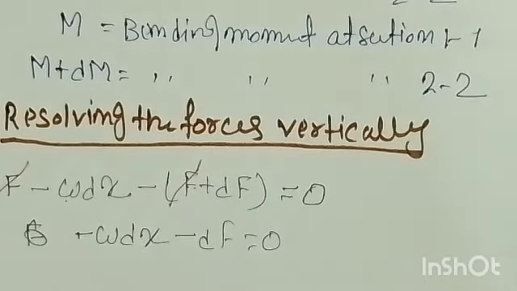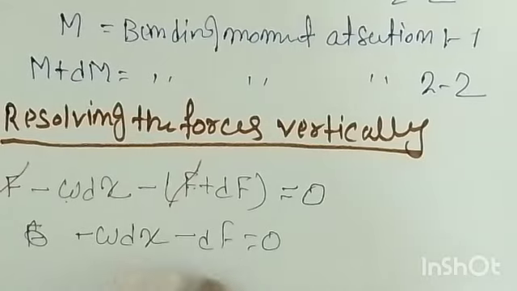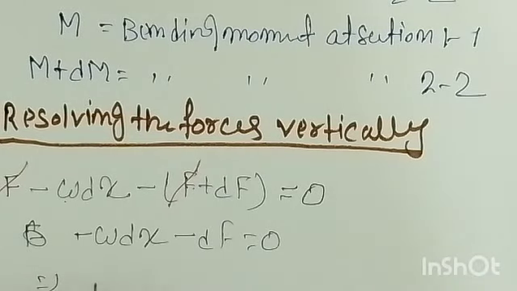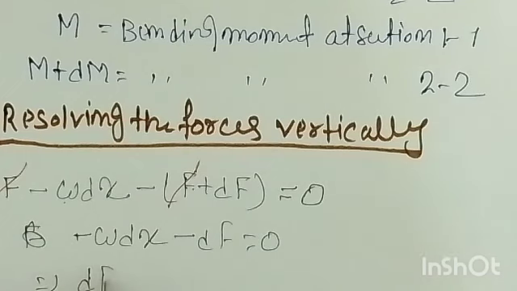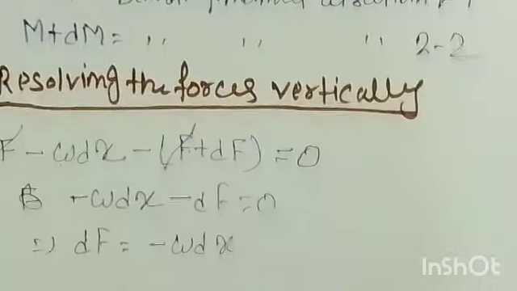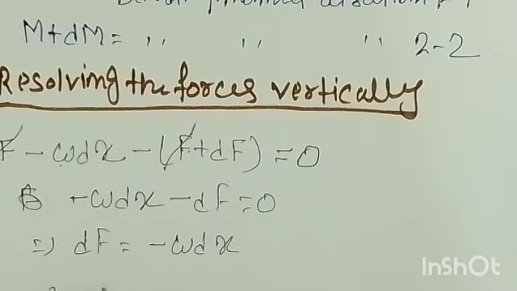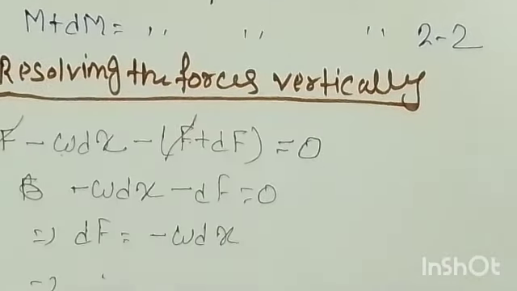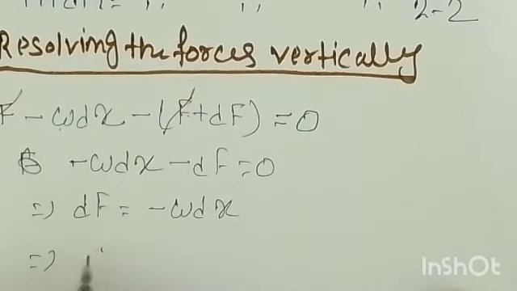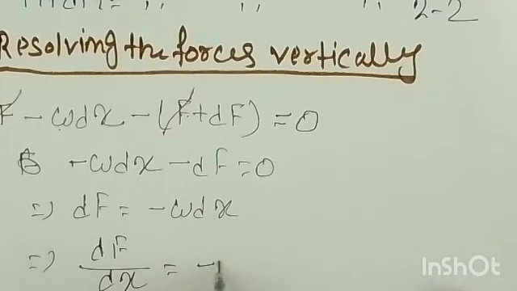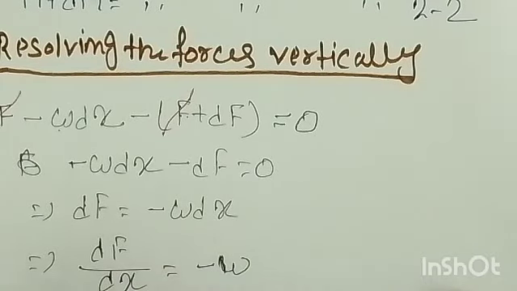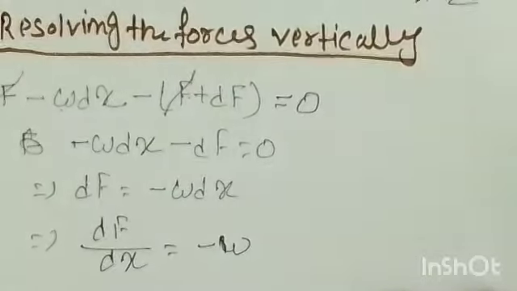After cancelling F and F, the equation becomes like this. So now you can say dF is equal to minus W dx, right? Further, dF by dx is equal to minus W, right? So this is what we got.